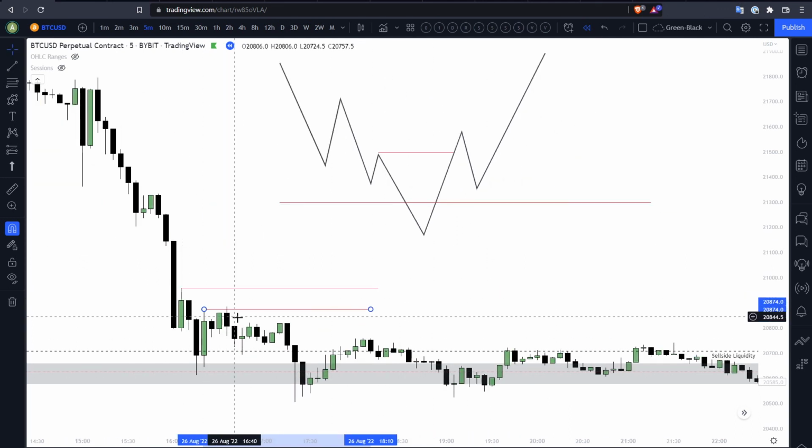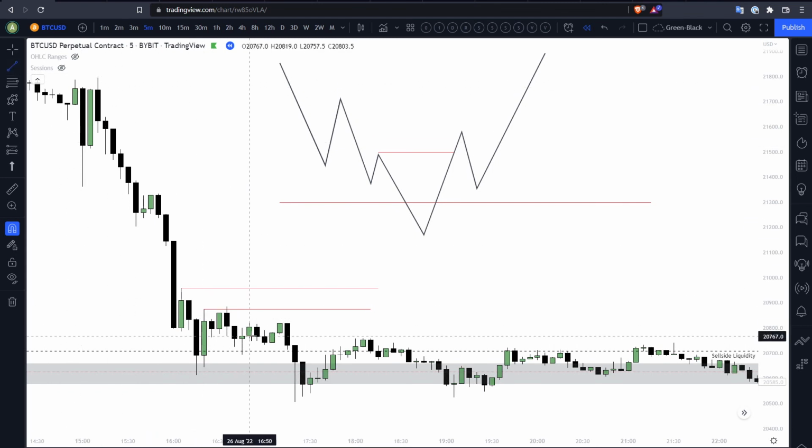It was taken by really little, but that's not enough. The move should be energetic. Here, this move was energetic, but it still didn't take out any significant high here. And none of the next highs were really taking the previously established high.